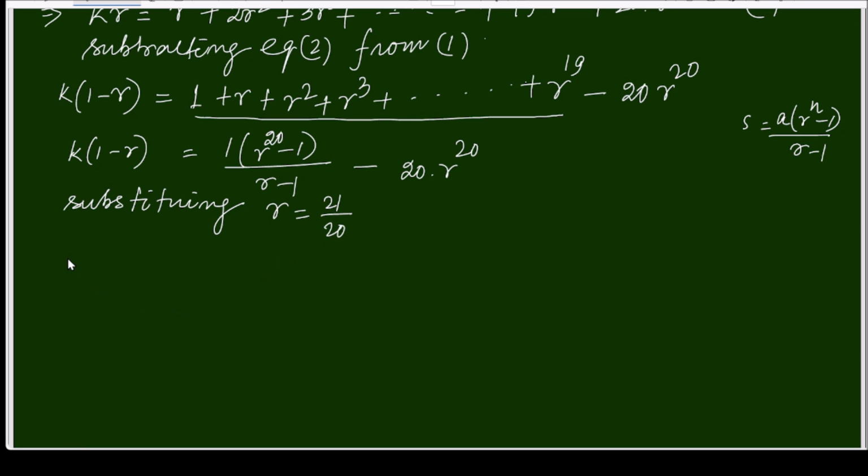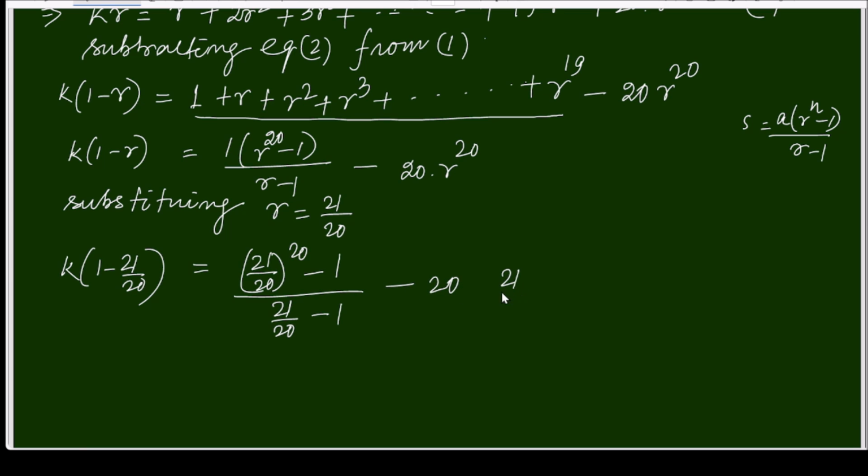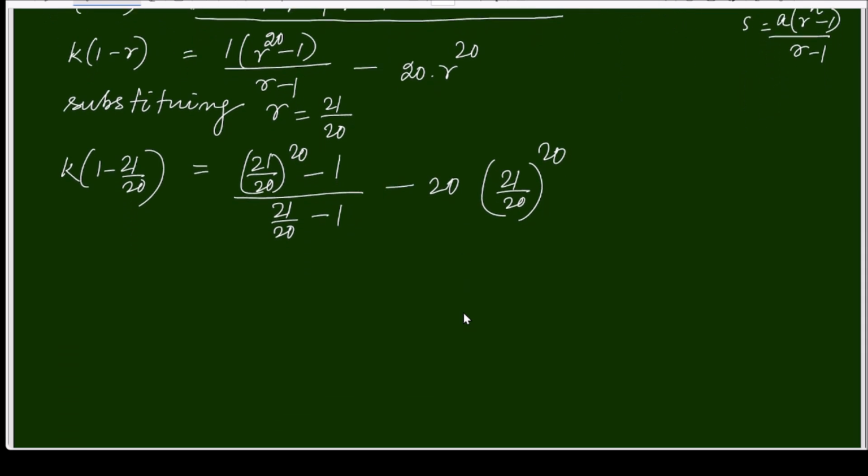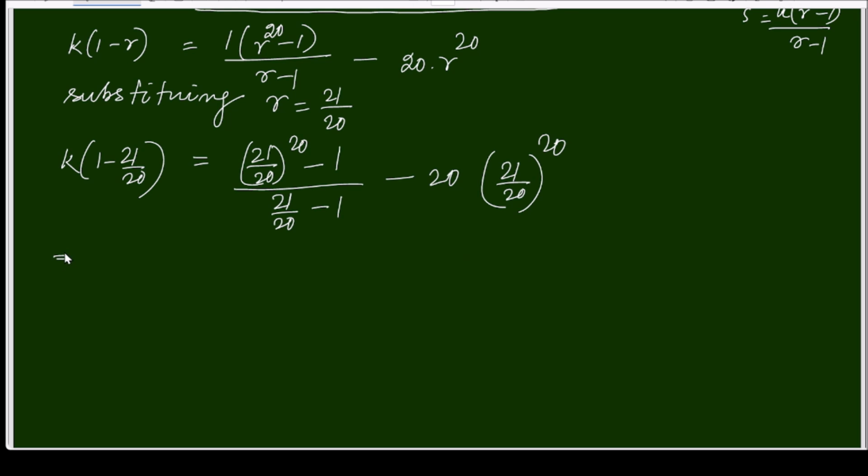We'll get k into 1 minus 21 by 20 equals (21 by 20)^20 minus 1 over 21 by 20 minus 1 again, minus 20 into (21 by 20)^20, or this is negative 1 by 20 k.